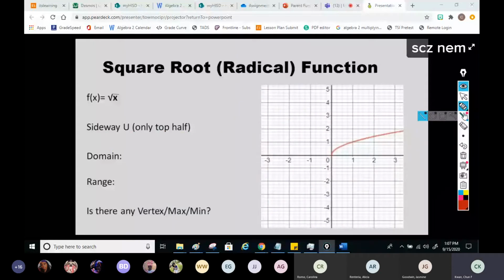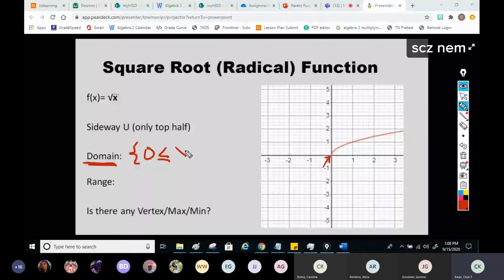Okay, so right here, let's try to figure out the domain and the range. How far left and how far right does it go? It goes as far left as this point, and at this point it is going to be 0. And then x is greater than or equal to 0, we have the equal to part because it's a closed circle. If we don't see an open circle, we'll assume it to be a closed circle.